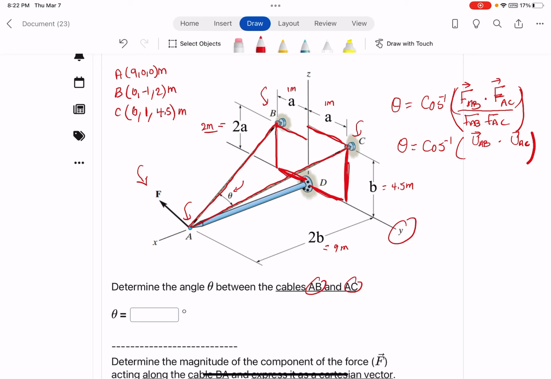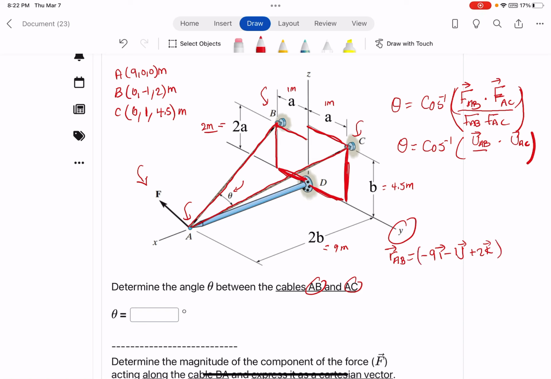Now, let's find out, first of all, unit vector AB. Let's find out the position vector AB first, which is B minus A: 0 minus 9, minus 9i; minus 1 minus 0, minus 1j; and 2 minus 0, plus 2k.